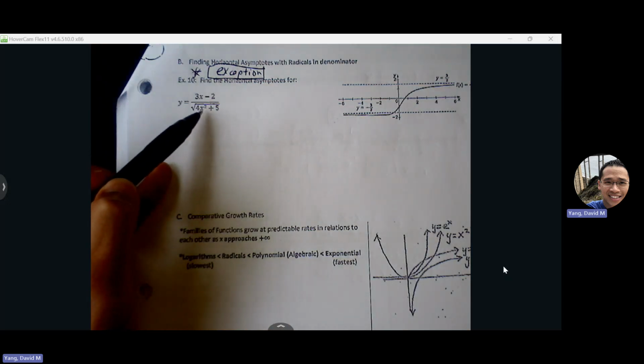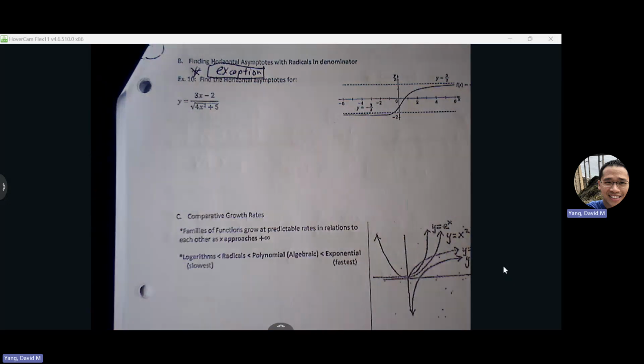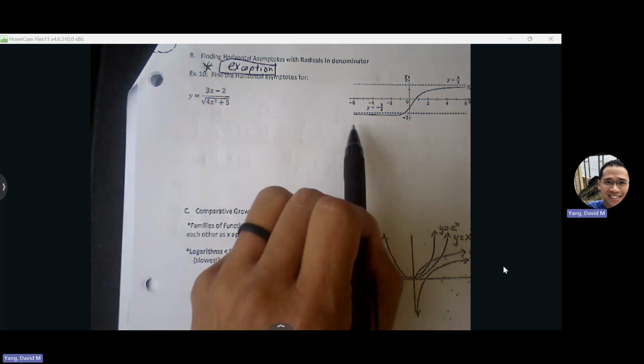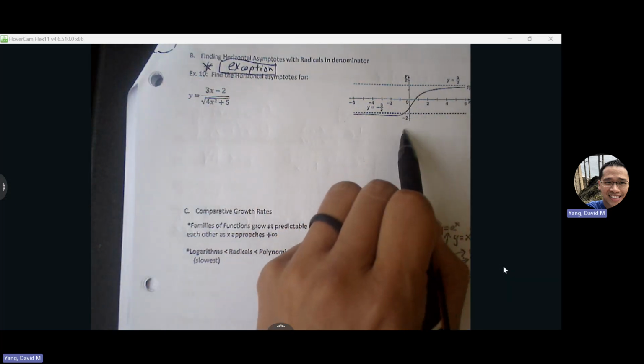Okay. So if the degrees are the same and if there's a radical on one side, then that's an indication, okay, we may be dealing with one of these strange graphs that have these split asymptotes. And if you know that there's a potential for split asymptotes, we're going to be looking for those asymptotes.